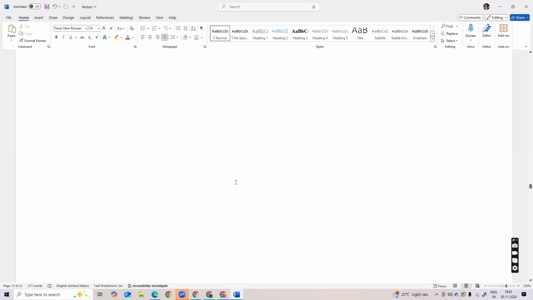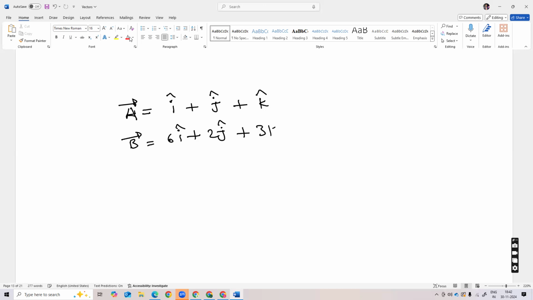Okay, so let's see how, if we have two vectors given, we add them. Let's say you have one vector A, given as I plus J plus K, and another vector B as 6I plus 2J plus 3K.